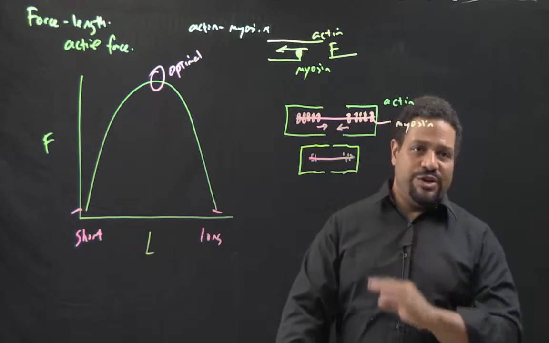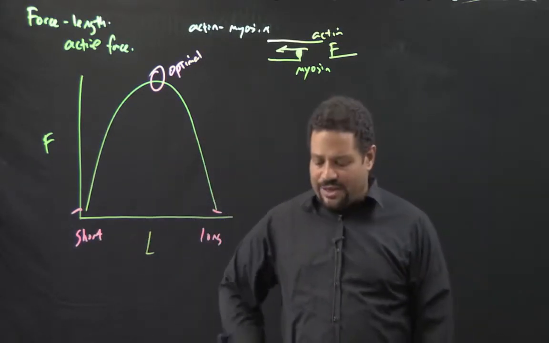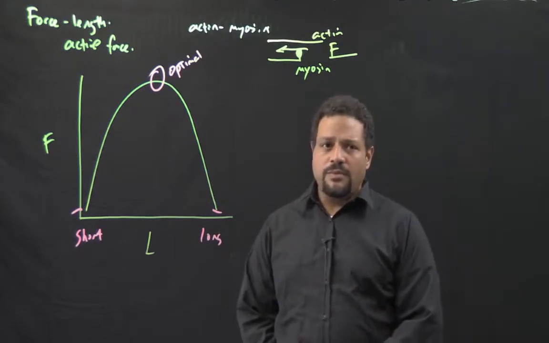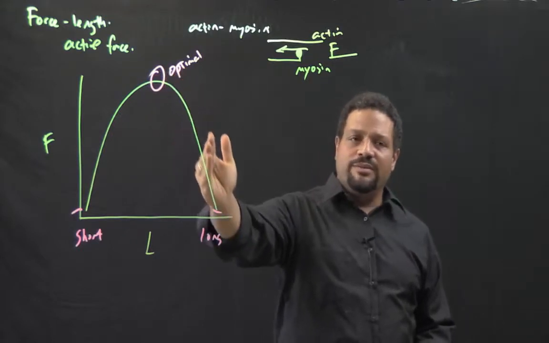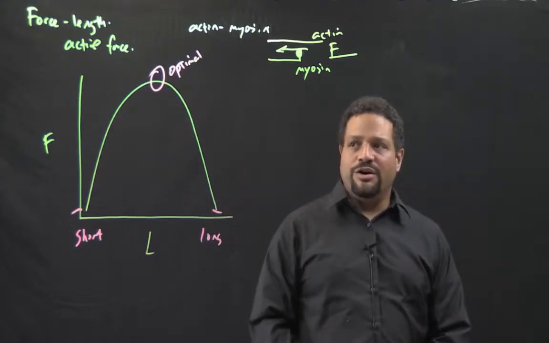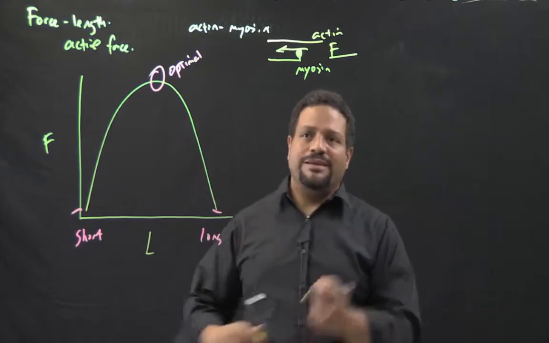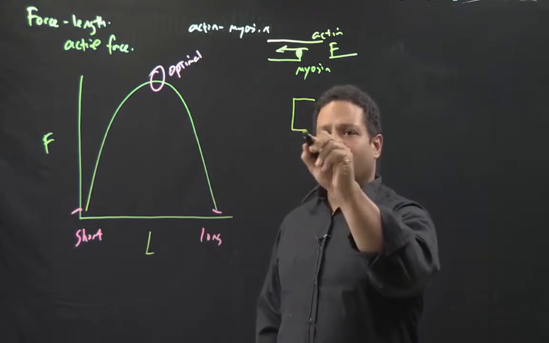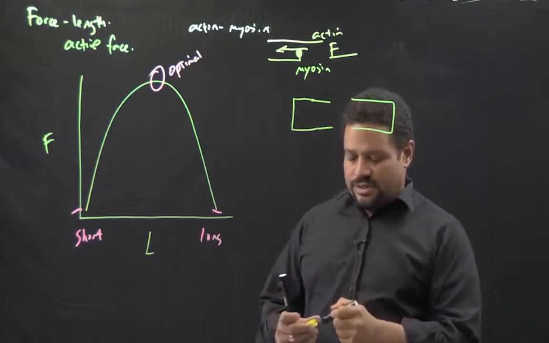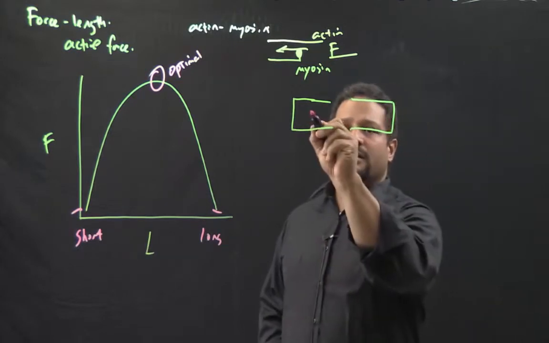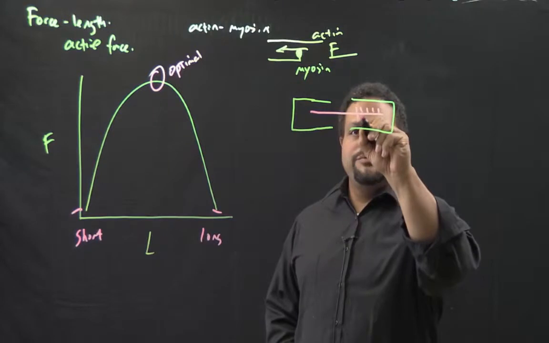Let me just clear the screen a little bit. Now that I've cleared the screen, I can show you that diagrammatically. It's very easy to show what happens when the muscle gets longer and longer and longer. What happens is you're stretching out the sarcomere. So diagrammatically, at optimal lengths, you'll get all of the myosin head groups interacting. Okay, let's just do 1, 2, 3, 4, 5.